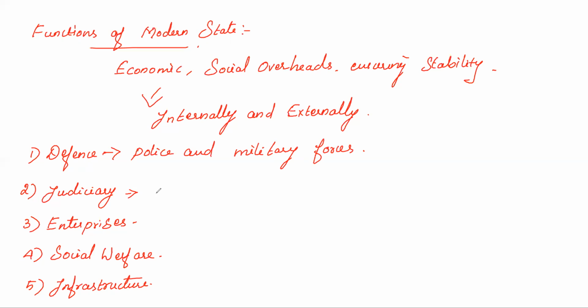So it should provide adequate judicial structure to render justice to all classes of citizens. Then enterprises. The regulation and control of the private enterprises fall under the purview of the modern state.